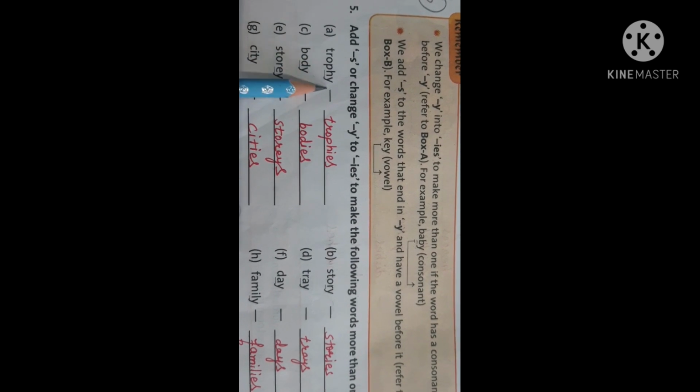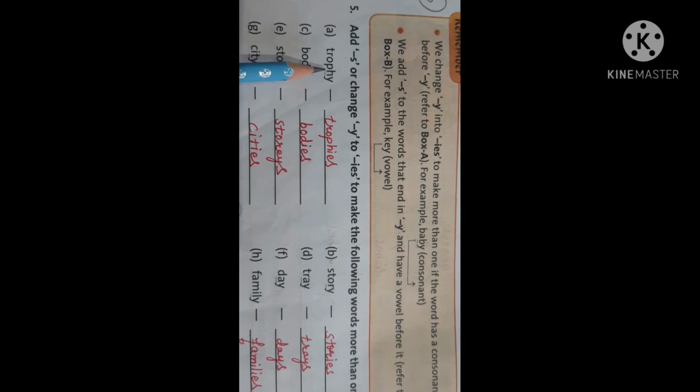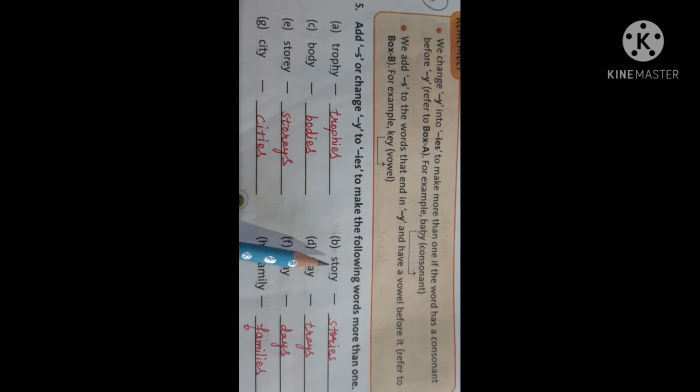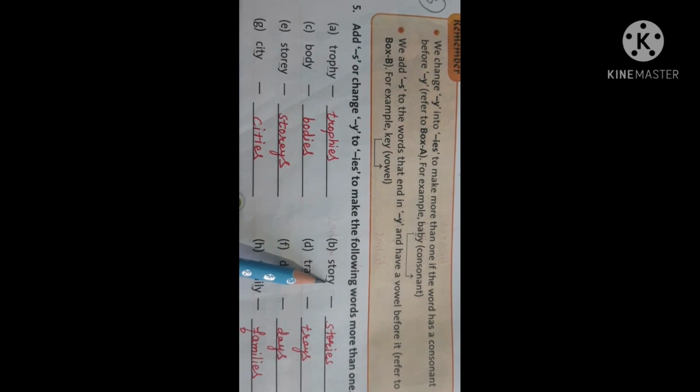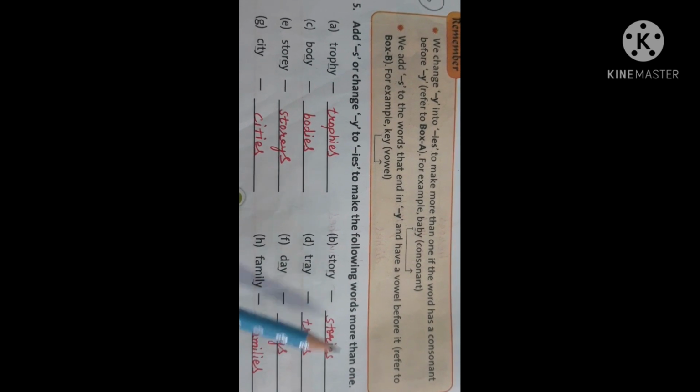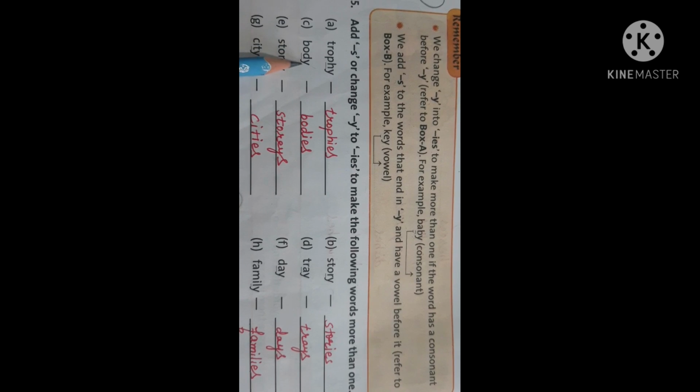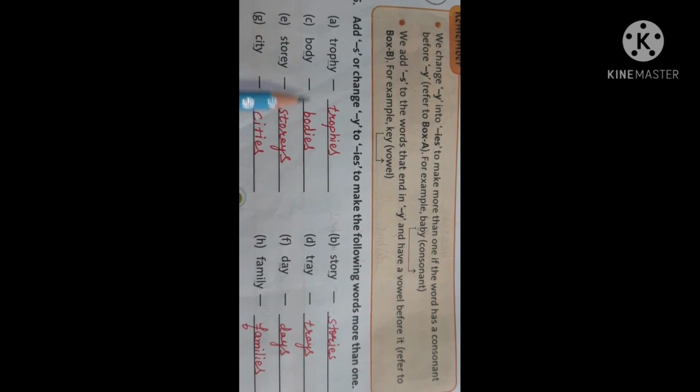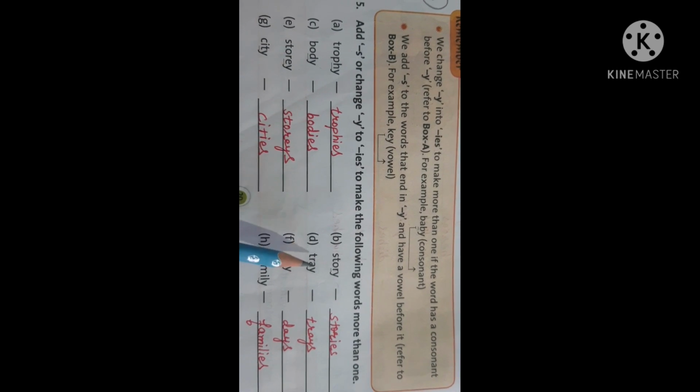So let's see the first one, trophy. H is your consonant, so consonant plus y, we will change y into IES, so this will become trophies. Now story, this is again consonant plus y, so it will become stories. Body, dy, so again consonant plus y, so this will become bodies.